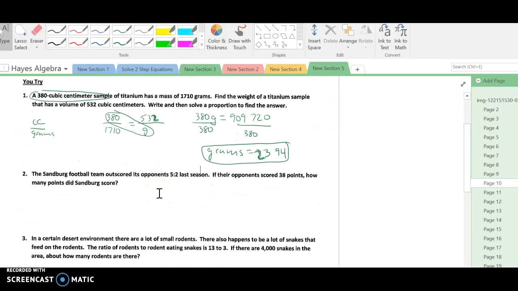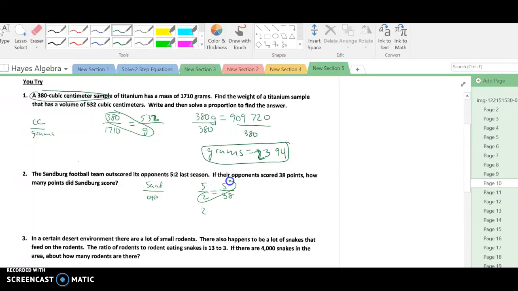Number 2. The Sandburg football team outscored its opponents 5 to 2 last season. If their opponent scored 38 points, how many points did Sandburg score? So it's Sandburg to the opponent. So 5 to 2 is equal to how many Sandburg scored, to 38 points for the opponent. Don't know.